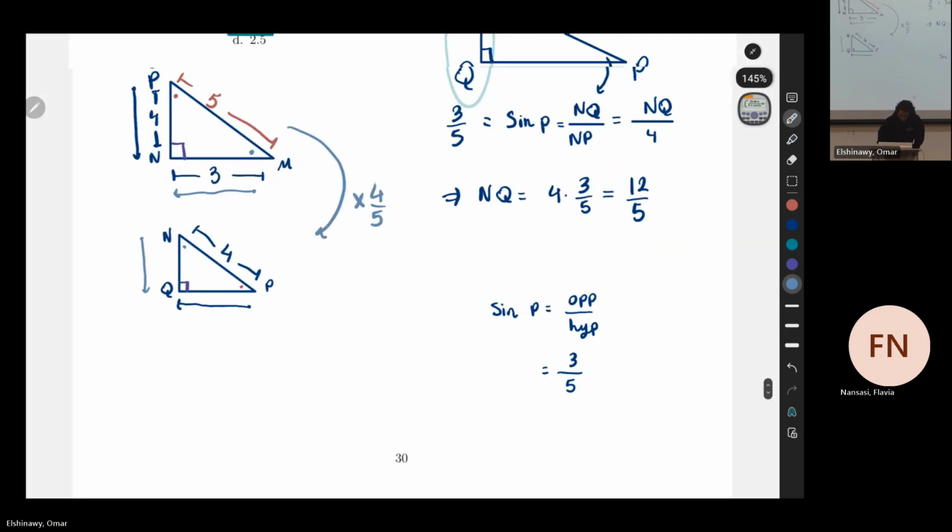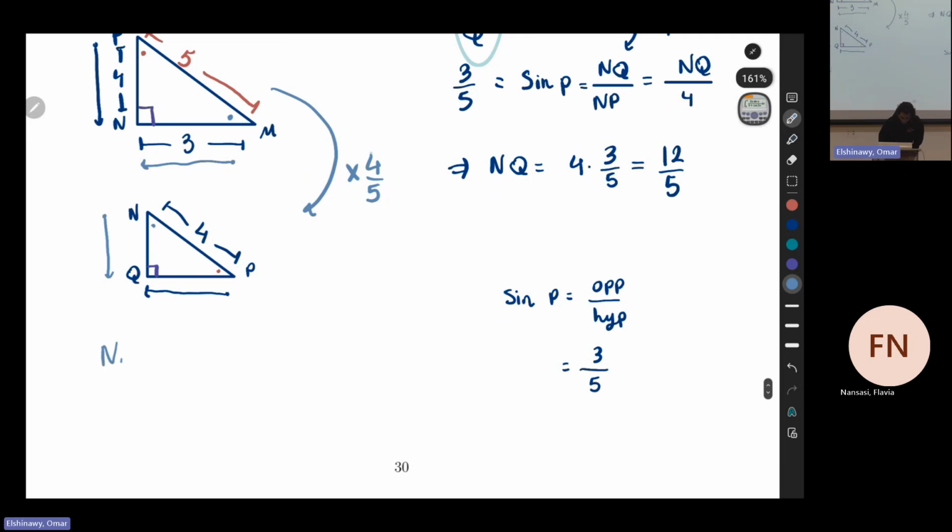So the line NM times the scaling, which is 4/5, gives me my intended side, which is NQ.